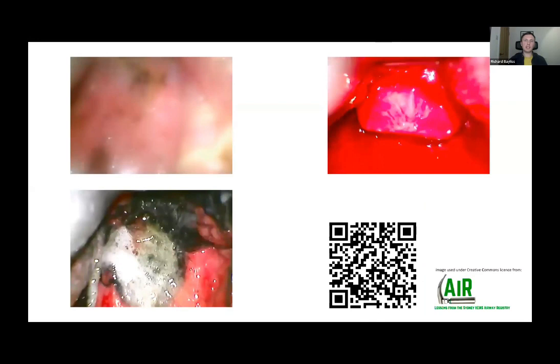So there are issues related to the camera. These images are all taken from the Sydney HEMS Airway Registry, and the QR code in the bottom right corner will take you to it if you have an interest. In the image at the top left, you can see that the camera has become fogged on insertion into the airway.